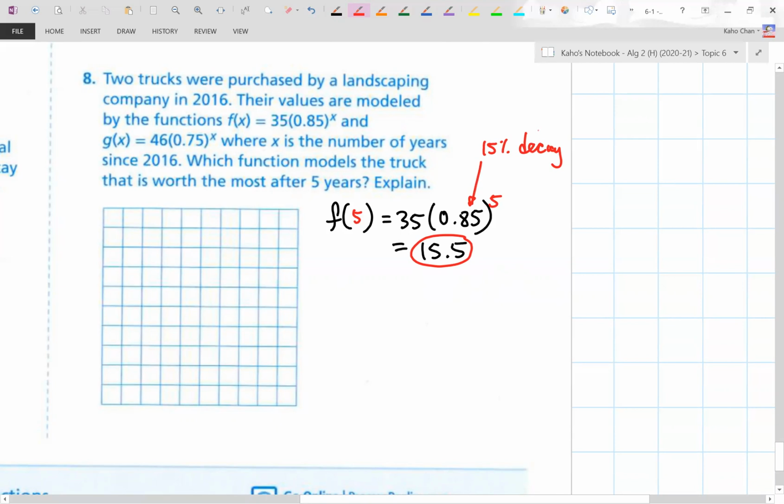See how 15 and 85 add up to 100%, okay? The second truck, after 5 years, is worth how much? It costs more, but it looks like it loses more over time. Look at that, 0.75. It loses 25% decay.